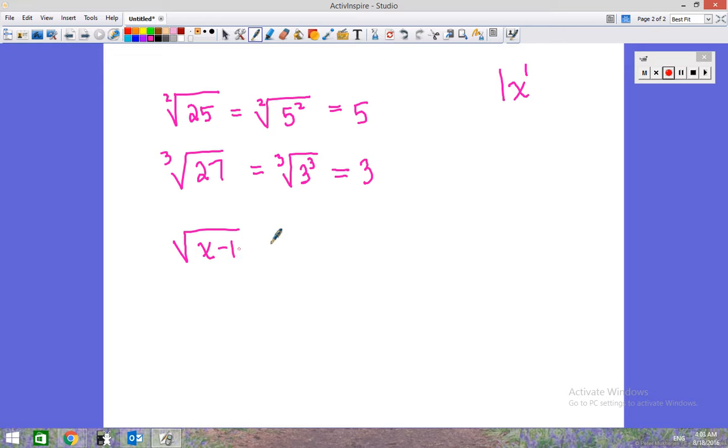there are properties of square roots that if you have the square root of a product, it's the same thing as breaking up the square root. Sometimes you look at these equations in a reverse way.